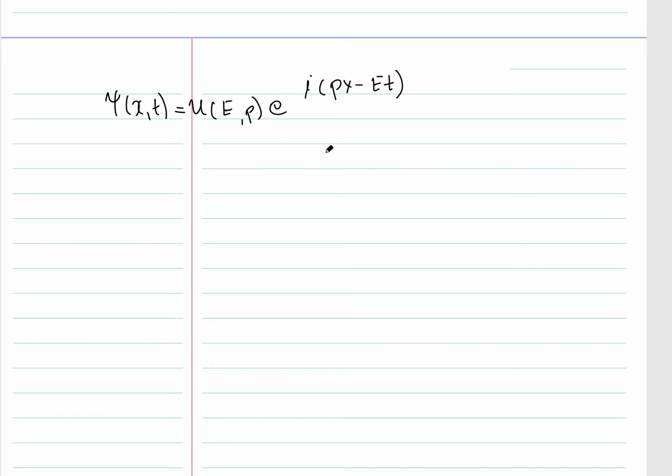So this is a free particle plane wave solution, and u is a 4-component Dirac spinor.